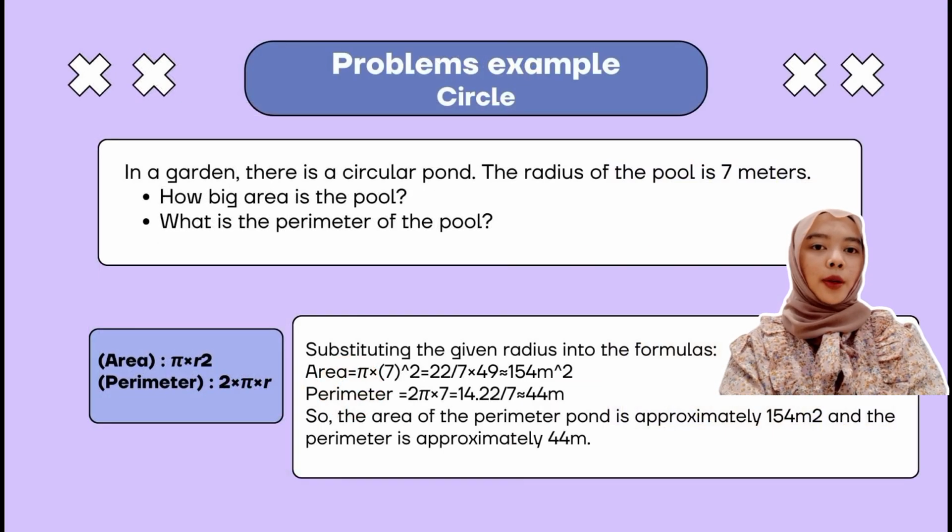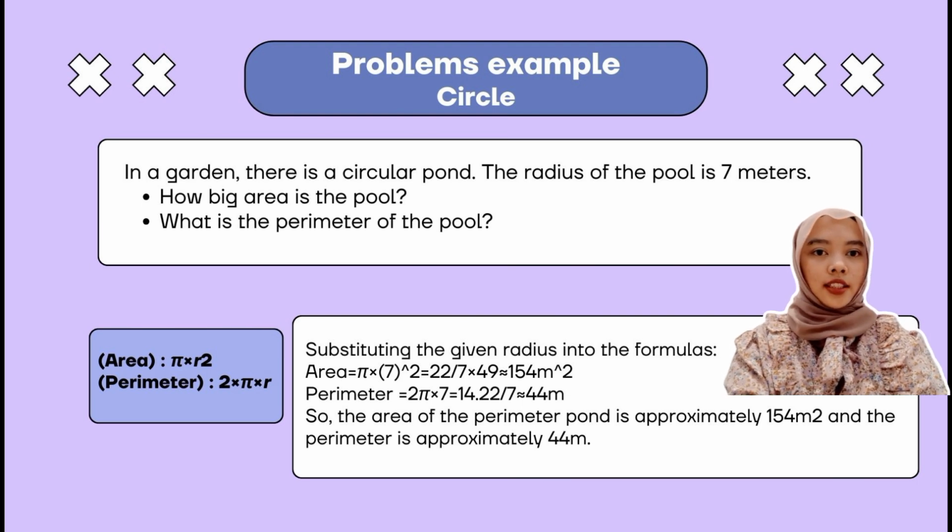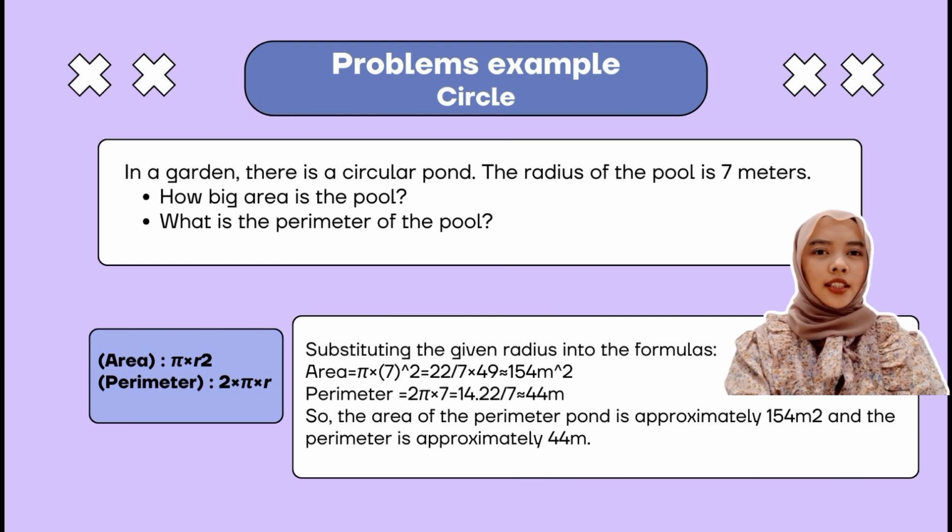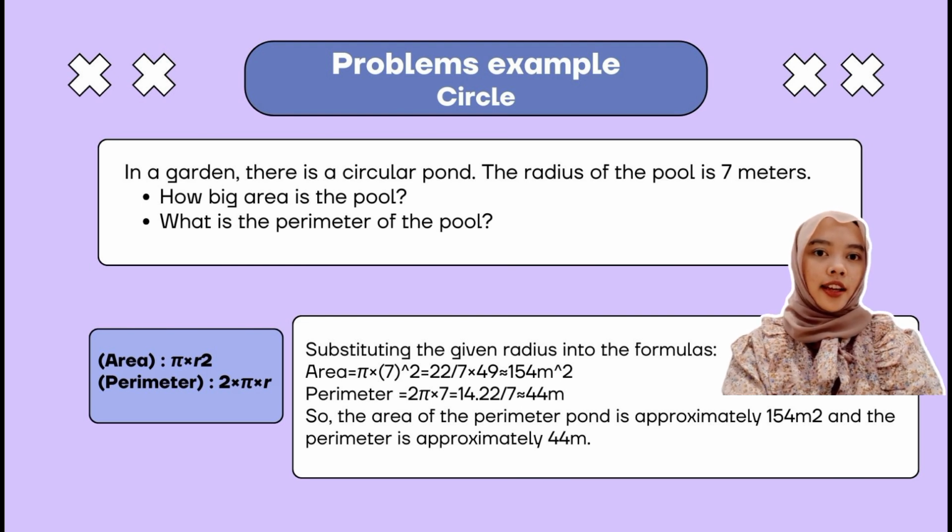Example of a circle problem. The problem can be read. I will answer the question directly. Formula of a circle: area, pi times r squared; perimeter, 2 times pi times r. Given that the radius of the pool is 7 meters, first the area: pi times 7 squared equals 22 divided by 7 times 49 equals 154 square meters.